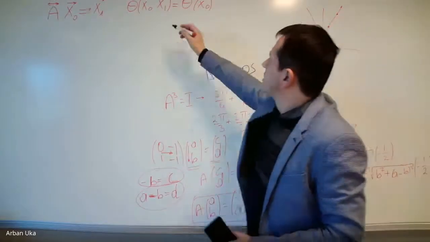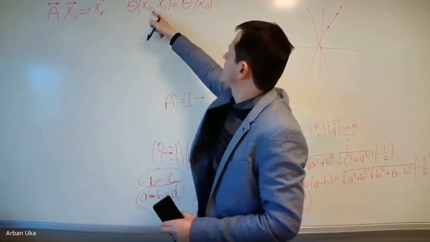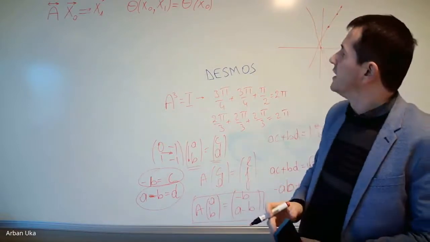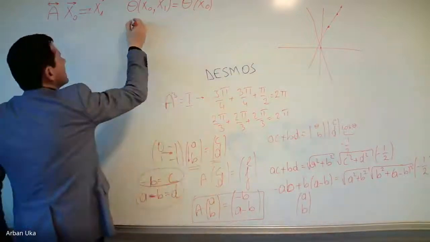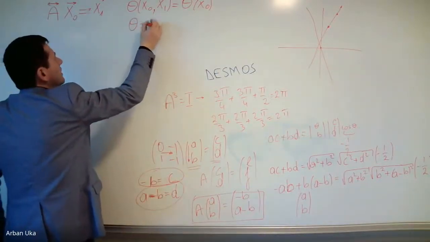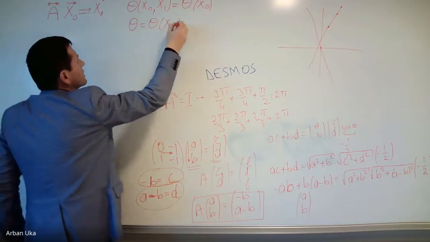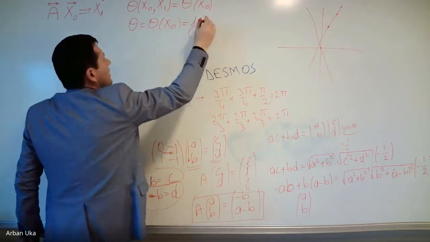Yeah, I just want to say that the angle theta depends on x0 and x1, right? It's the angle between the two vectors. And here, I want to say that the angle theta between the two vectors is theta of x0, which depends on the value of x0. So you can say that this is a function of x0.